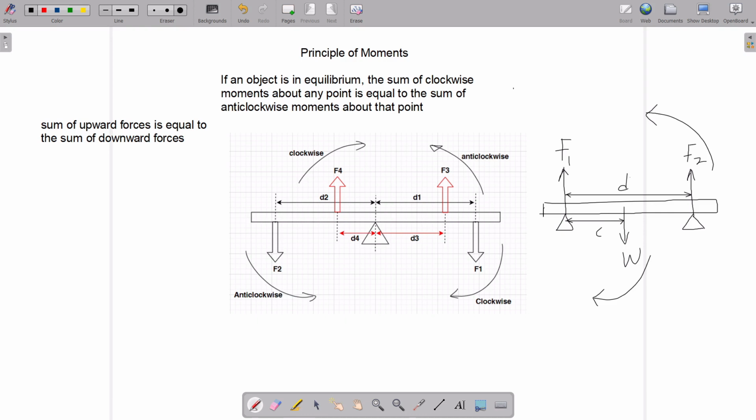If we equate clockwise moments and anti-clockwise moments, then our relation will come down to the clockwise moment W times C equal to the anti-clockwise moment F2 times D. I use this bar problem as an example for you to easily understand, but the same principle applies even when you have a complex problem. Take note of where your pivot is, where your forces are acting, and then determine the clockwise and anti-clockwise moments, and you can easily solve your problem once you know the distances from which they are acting.